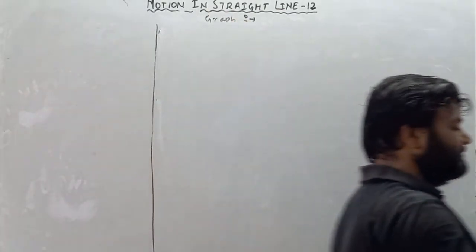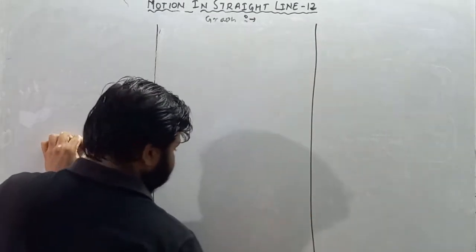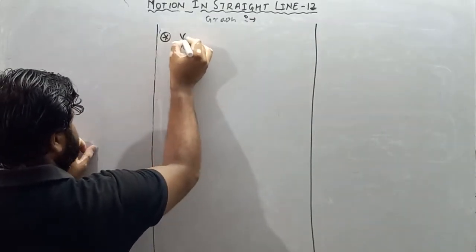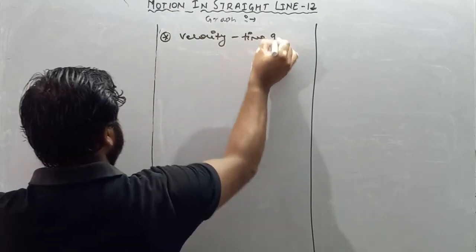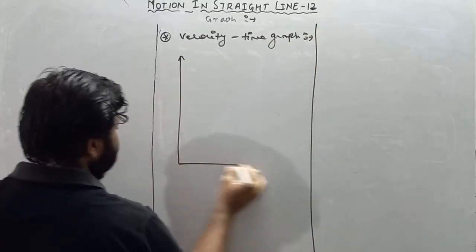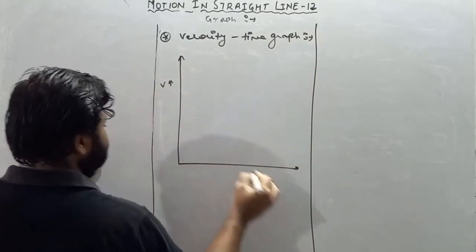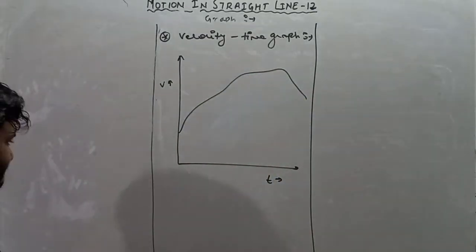Moving forward, my dear student, write down the next graph. It is the velocity time graph. Let's suppose a particle is moving. This is our velocity, this is time. Let's suppose a particle is moving like this.